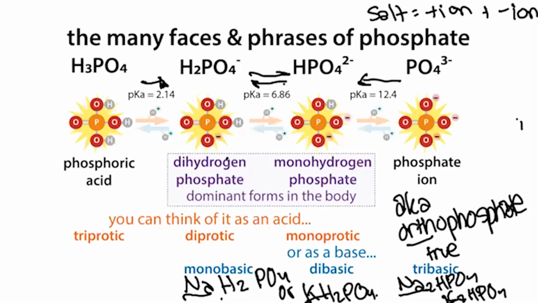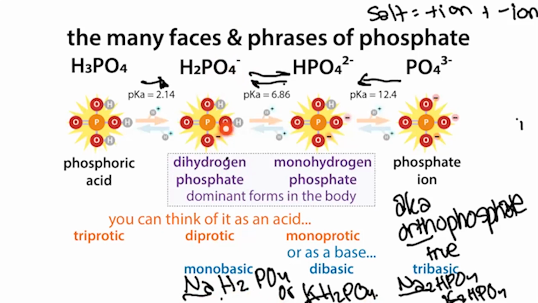And also know that in the lab, when we're dealing with this, you're typically going to be dealing with a salt form. If you're dealing with the acid form, this is going to be your dihydrogen phosphate. It'll typically be in the form of something such as sodium dihydrogen phosphate or potassium dihydrogen phosphate. The bottle might also say it's monobasic, because remember, two of the groups are protonated and one of the groups is deprotonated, able to act as a base.